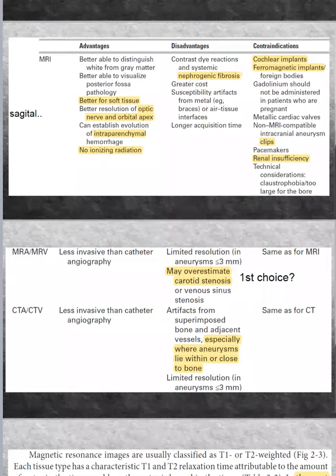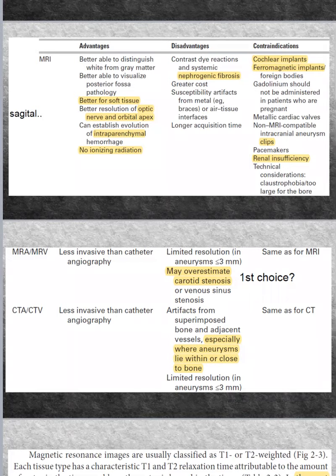The contraindications are any metallic material within the patient. He may have a cochlear implant, he may have a ferromagnetic implant, he may have metallic clips in cases of aneurysms, he may have renal insufficiency, he may have some metallic cardiac valves.